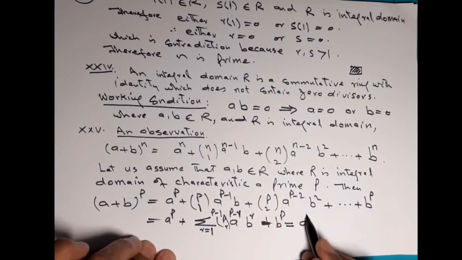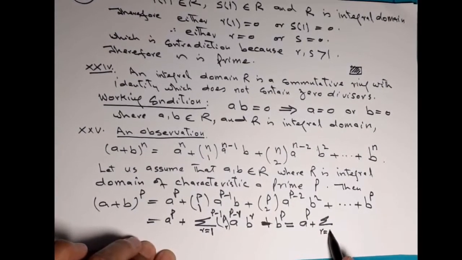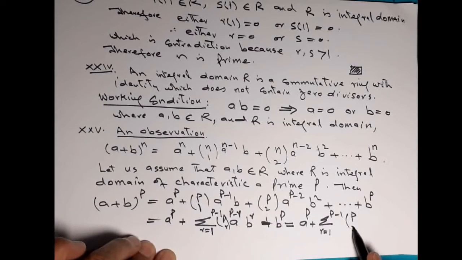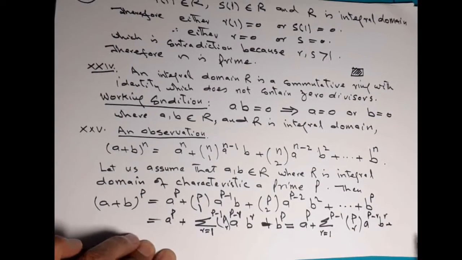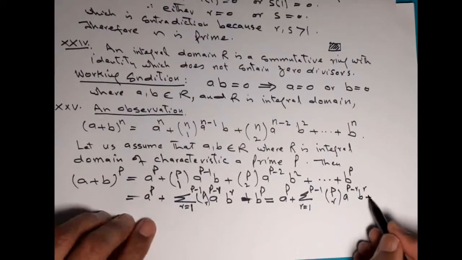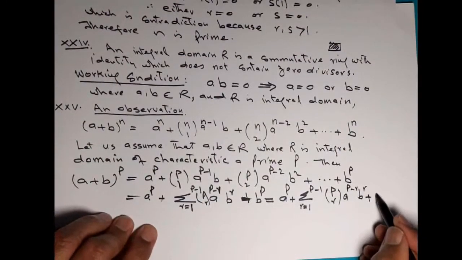So a raised to power p plus sigma r varies from 1 to p minus 1 pCr a raised to power p minus r b raised to power r, and then at the end b raised to power p.